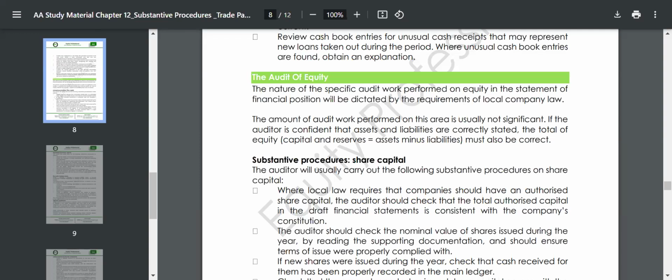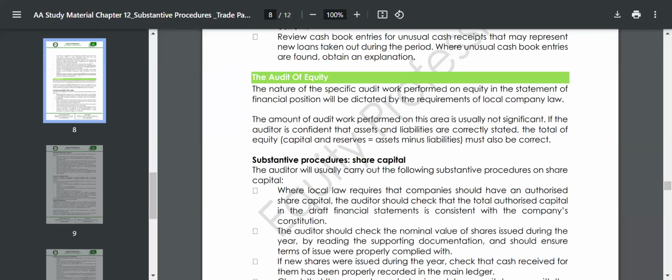The substantive procedure an auditor will carry out to verify the figures so that when he's passing an opinion, it can count. Then last week, we also looked at the substantive procedure for liability, your trade payables, your accruals, provisions, and now we just looked at the audit of equity.